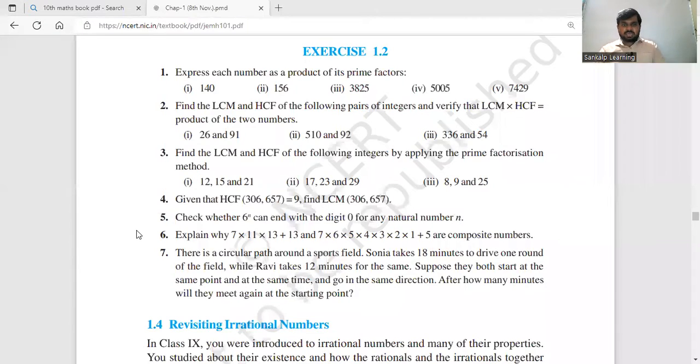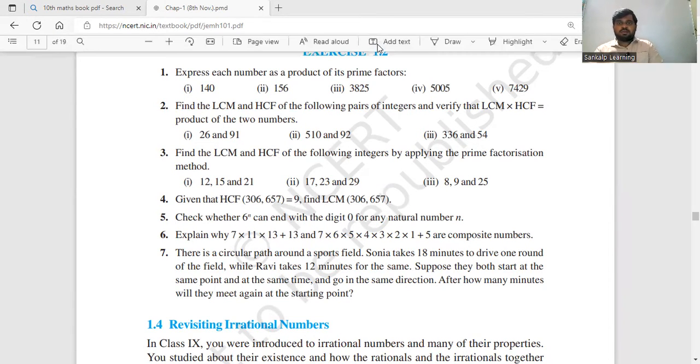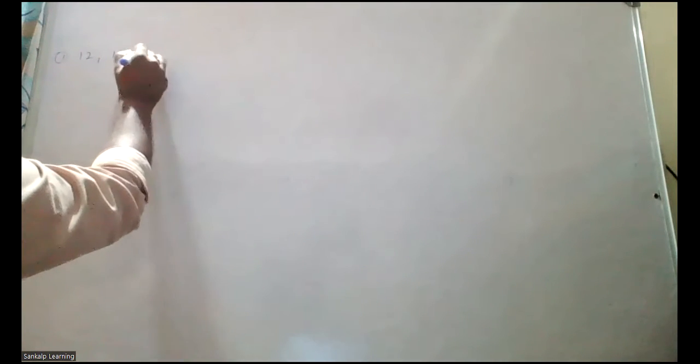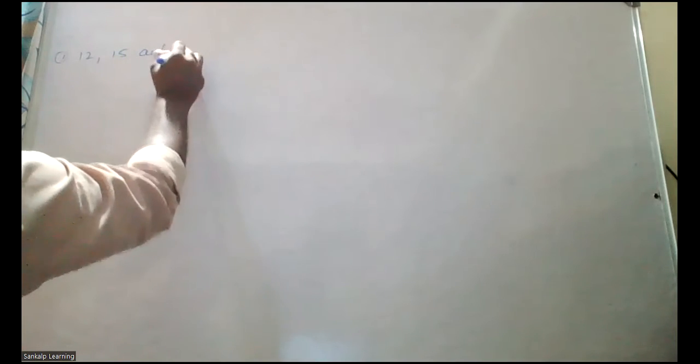So the next one: find the LCM and HCF of the following integers by applying the prime factorization method. The first question is 12, 15 and 21.